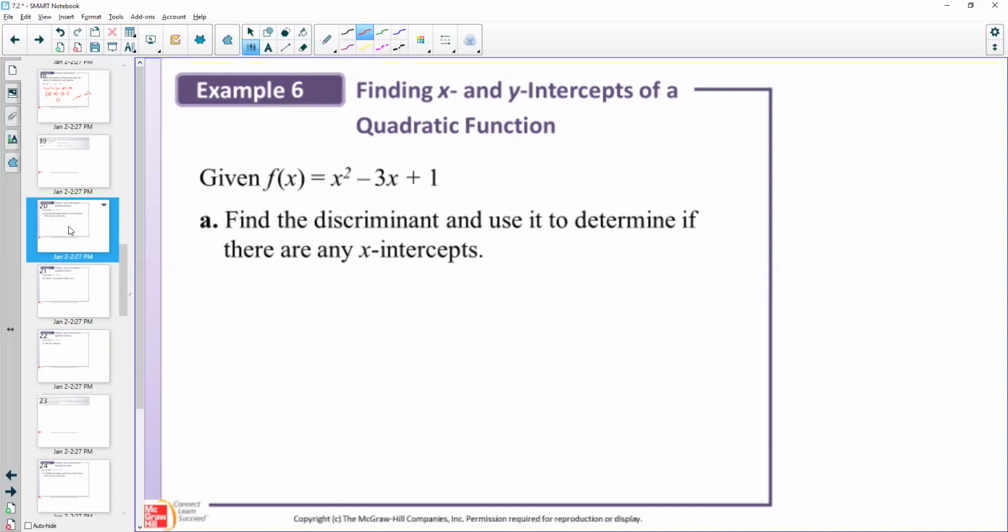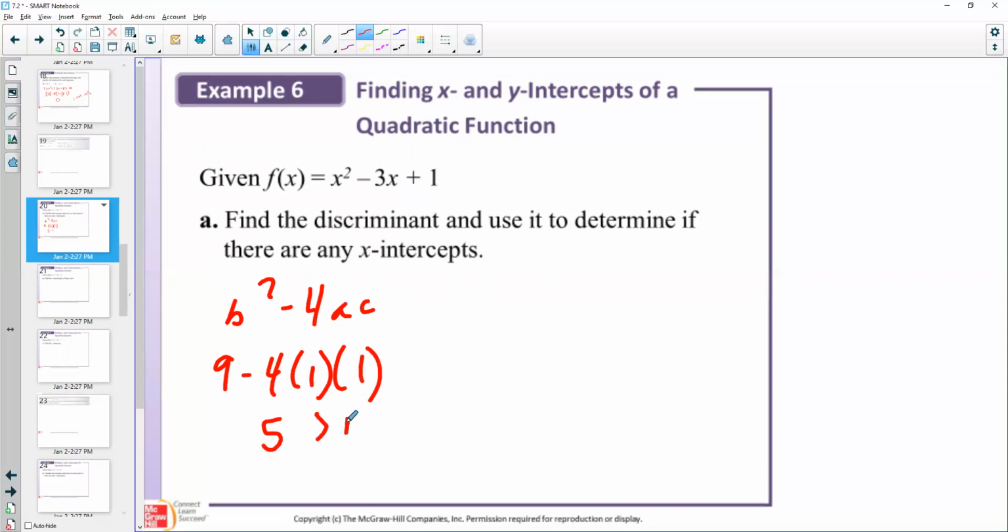So if there's no real solutions, there's no x-intercepts. So first we use the discriminant. We do b squared minus 4ac. So we get negative 3 squared is 9 minus 4 times 1 times 1. That gives me 5. 5 is greater than 0. So we get 2 irrational.